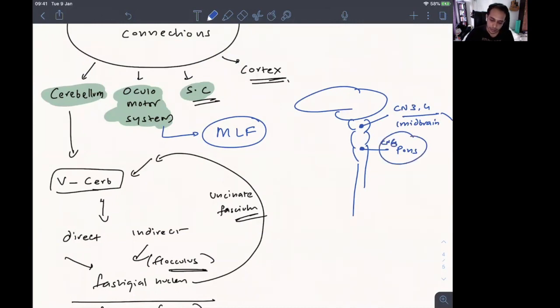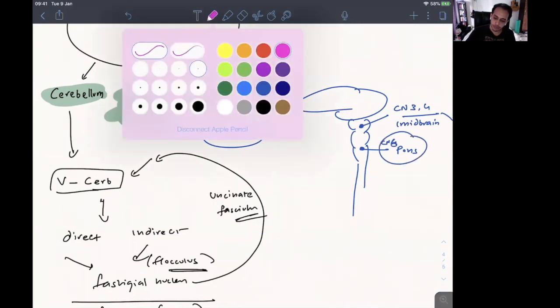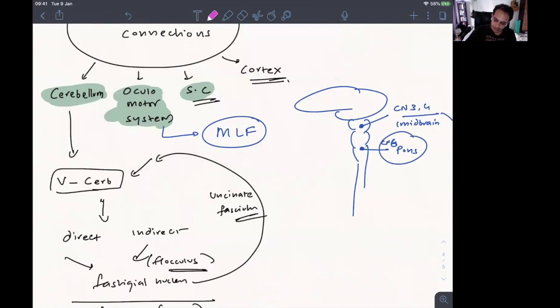Correct? And the connection between cranial nerve 3, 4, and 6 is by this tract of fibers known as medial longitudinal fasciculus. I would ask that you go and revise that discussion once, so then it will become clear to you how the brain will control eye movement.